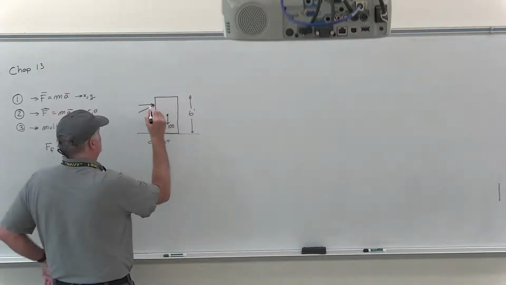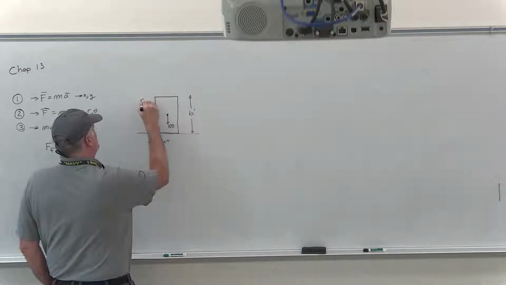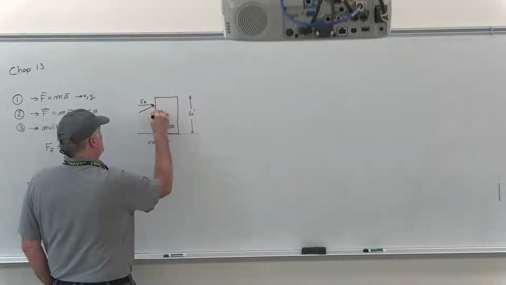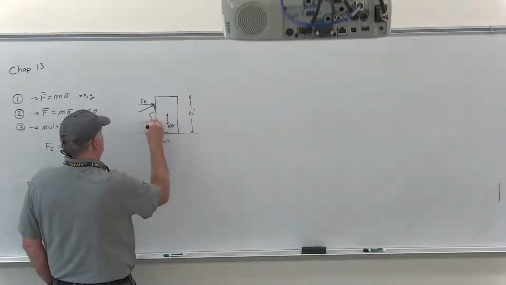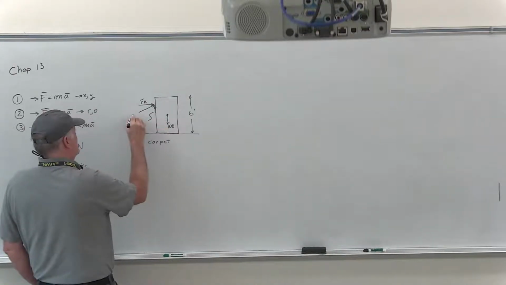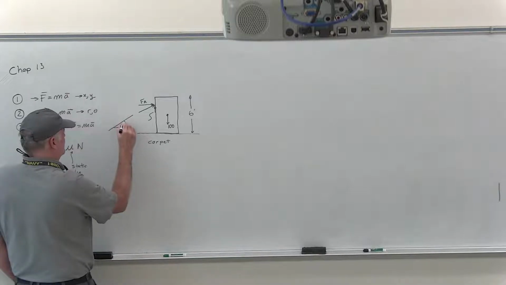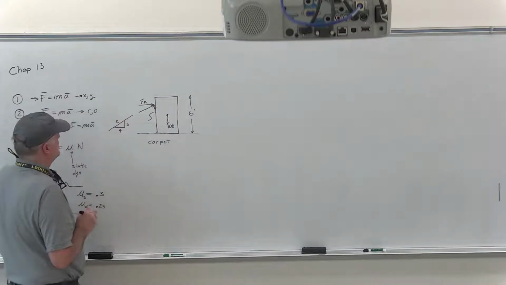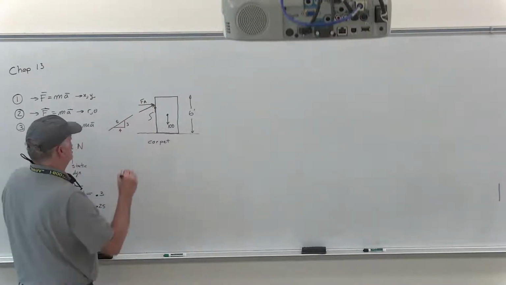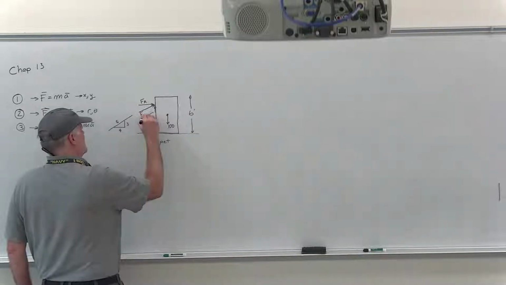Say you've got force applied, and say this is such that this is a 3, 4, and 5 triangle. So you put force applied here. That force applied should be listed here.